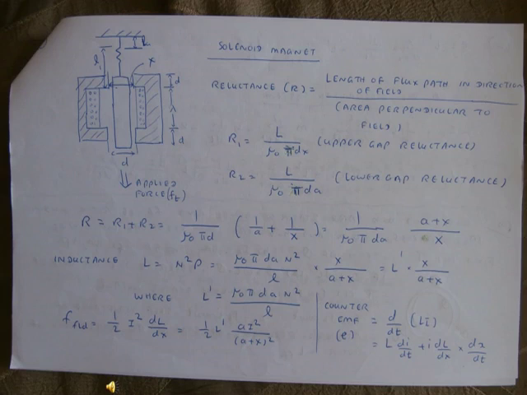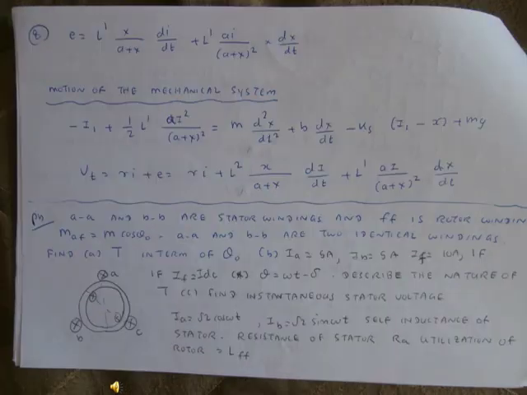Then we continue to expand the equation. So in this case, the counter EMF E is equal to A dash H divided by A plus H multiplied by di by dt, plus A dash A I by A plus A squared multiplied by dh by dt. So this is the counter EMF equation.